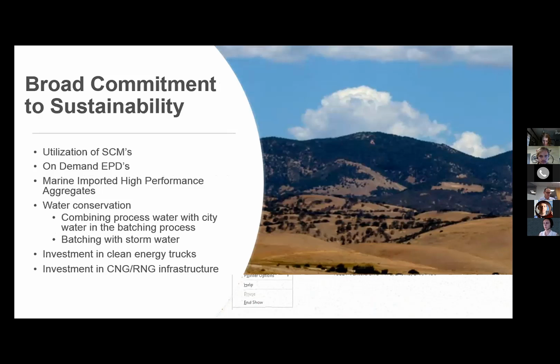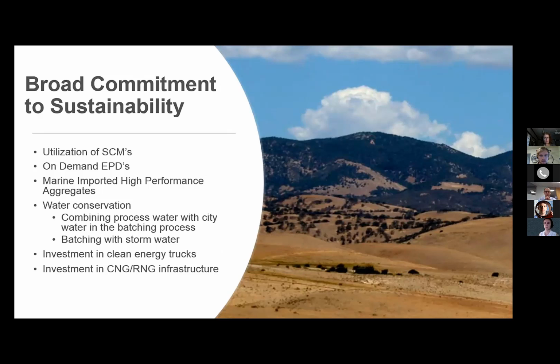Locally, what we're doing at the ready mix level is the utilization of supplementary cementitious materials, the on-demand EPD tools that Don had mentioned earlier, the use of high-performance marine imported aggregates from British Columbia, and water conservation in terms of recycled water and batching stormwater. We can't put any of the water out to the storm drain.